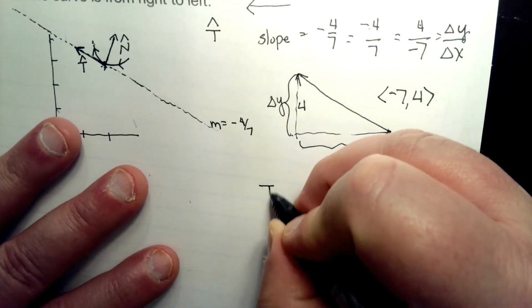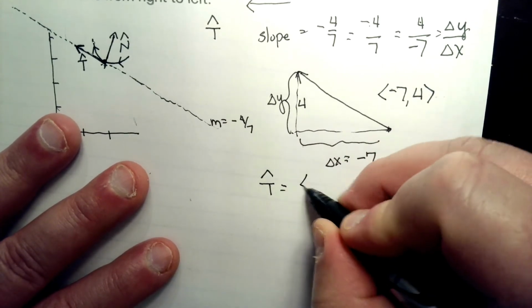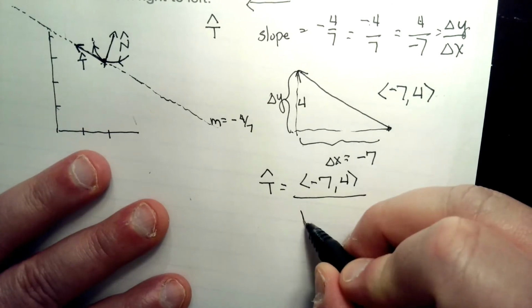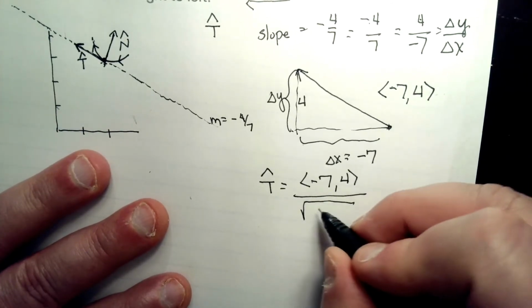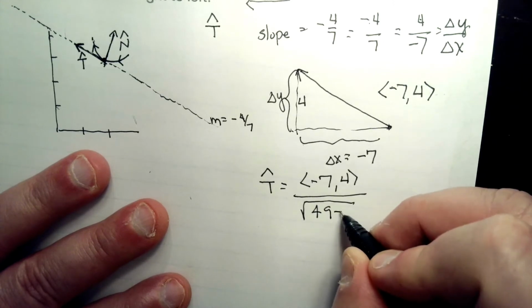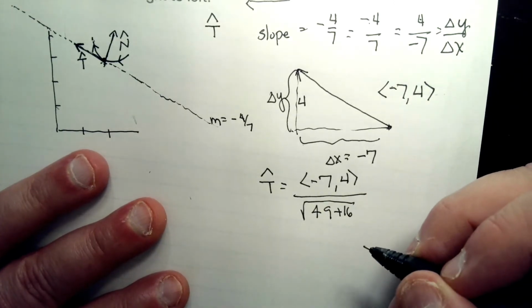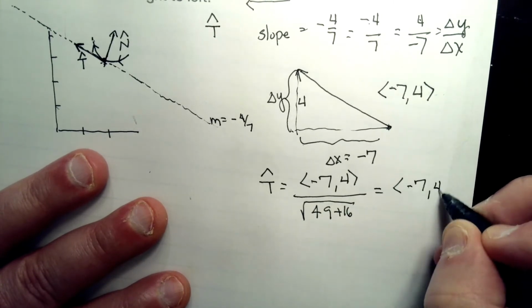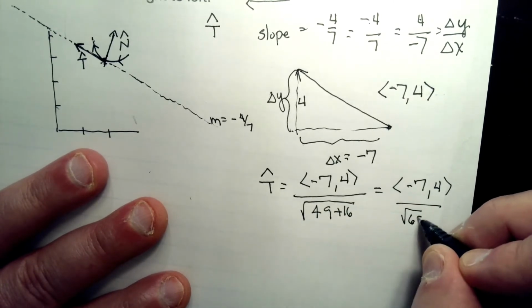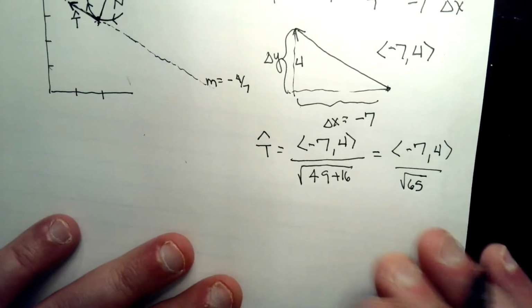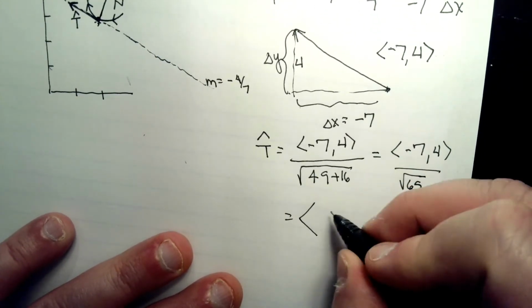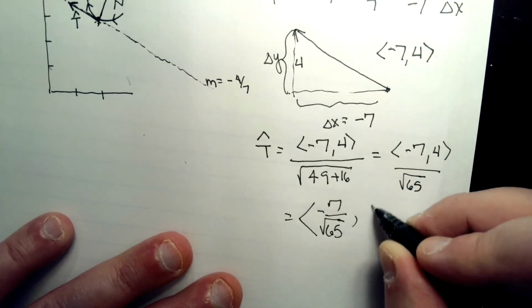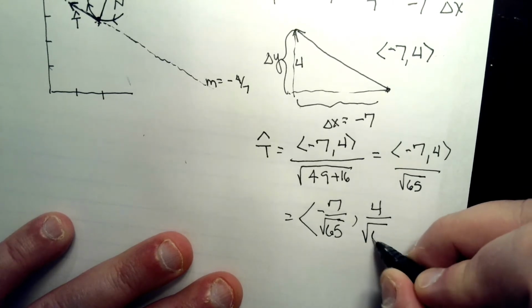So the unit tangent vector would be -7, 4, divided by the magnitude, which would be, well, if you square 7, that's 49, and if you square 4, that's 16. 49 and 16, I believe that's 65. And if you prefer, you can write that as -7 over root 65, comma, 4 over root 65.